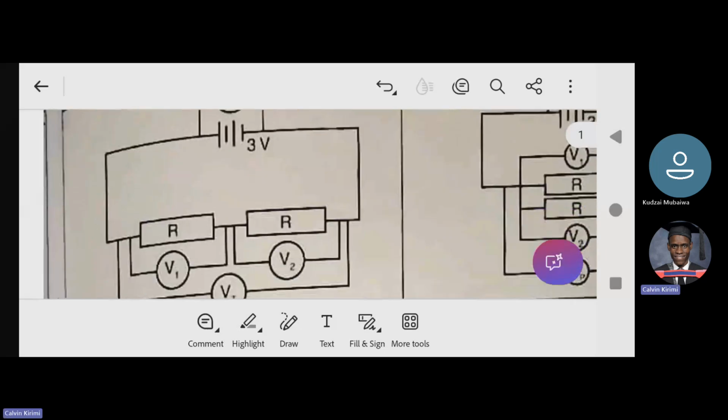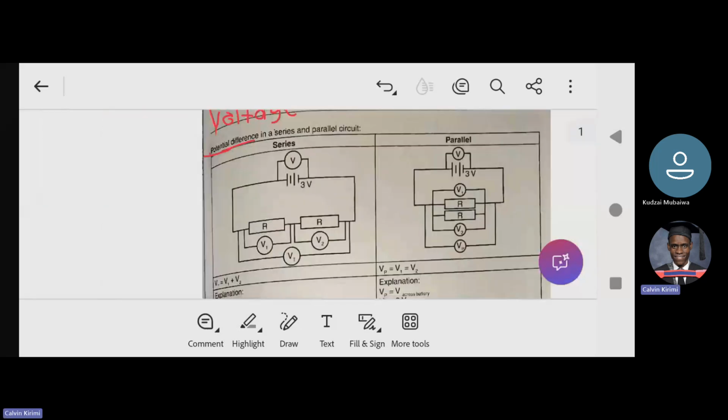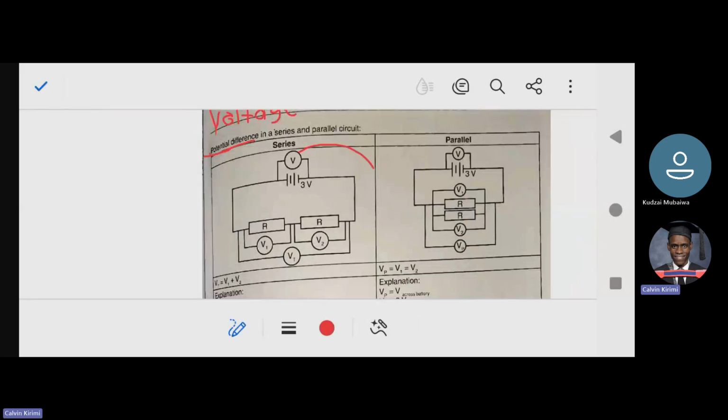Yes. So in other words, what they mean there is that this voltage is the same as this one. These two voltages are equal in size because they are all measuring voltage across the resistors. So those voltages are equal. That's what you must know when solving circuits.